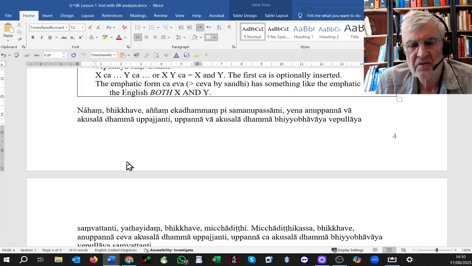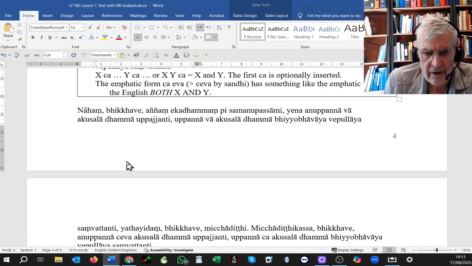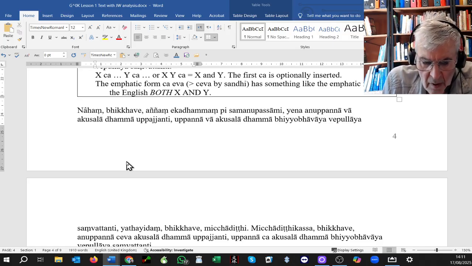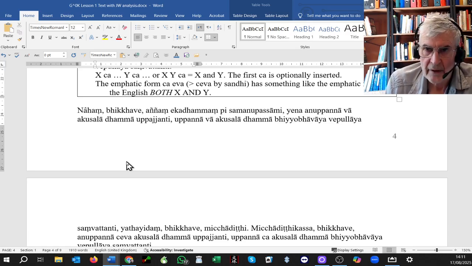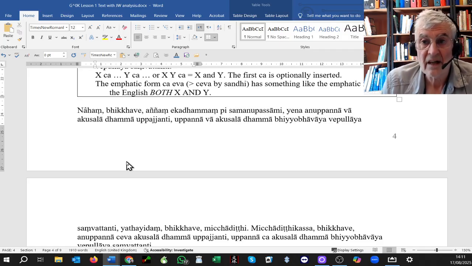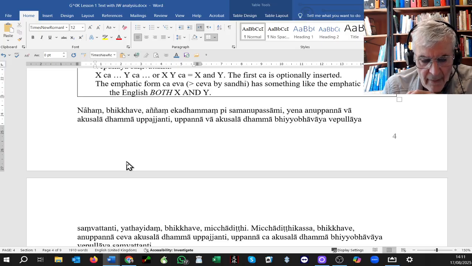I do not, O monks, perceive or detect or discern any single dhamma, which has the general meaning of phenomenon, annam, one other, even one other single phenomenon, yena, whereby, it's the instrumental of the relative pronoun yo, so yena, by which, whereby, anuppanna va akusala dhamma uppajjanti.